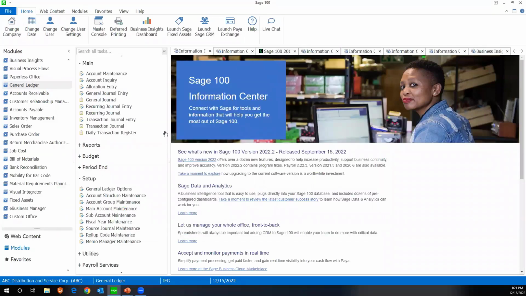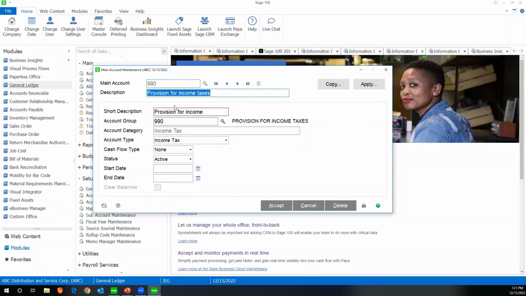So when you set your accounts up here, these can be flagged as non-financial accounts. And if they're set as non-financial accounts, which this one is not, there is this clear balances checkbox that you can set. If you have a non-financial account with this checkbox checked, then when you close your year, it'll start the next year with that account at 0.